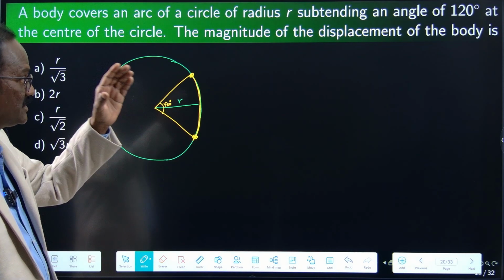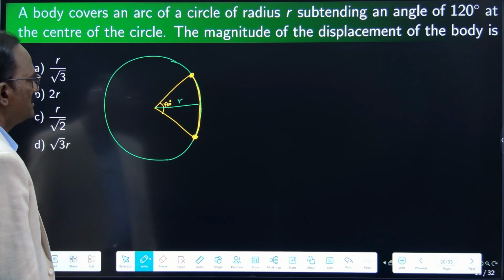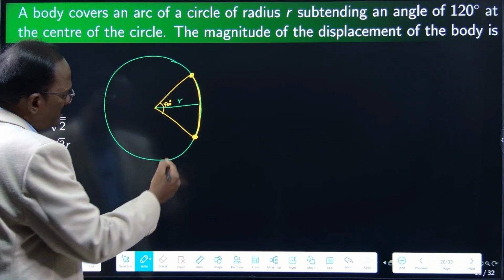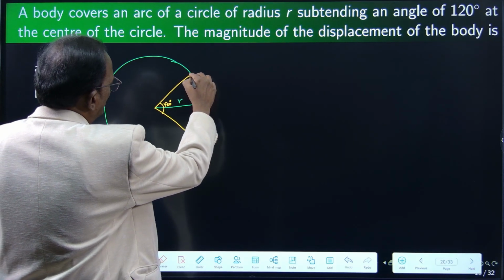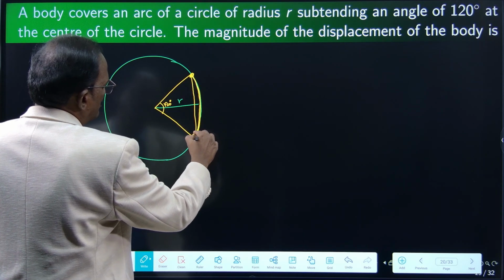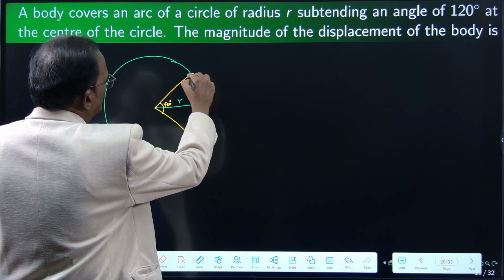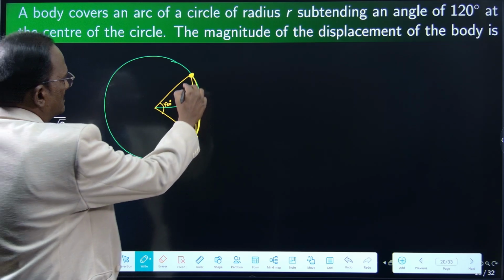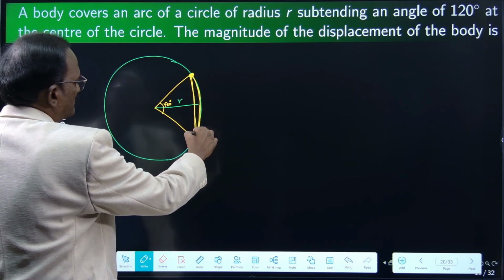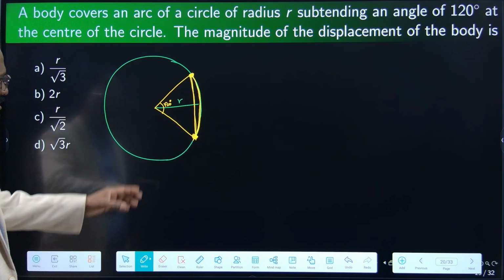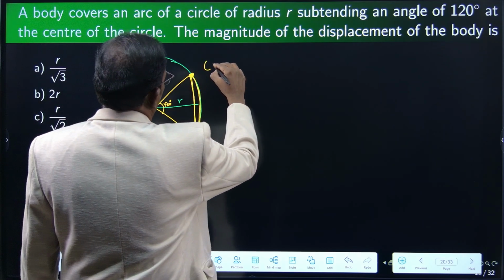The magnitude of the displacement of the body: once again we will join the starting end and the finishing end. This is the starting end and this is the finishing end. This is the displacement, which is nothing but a chord.